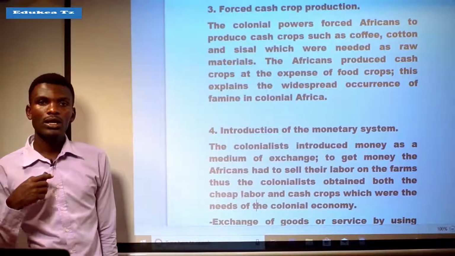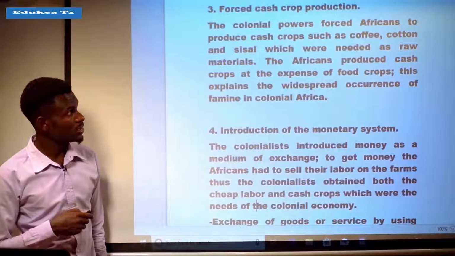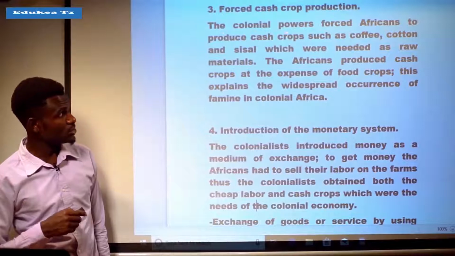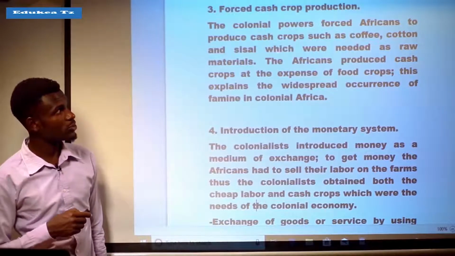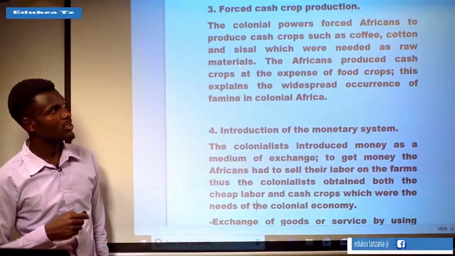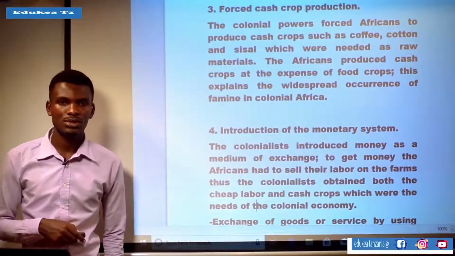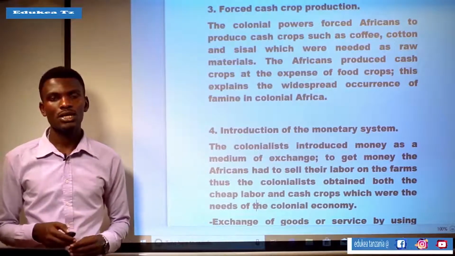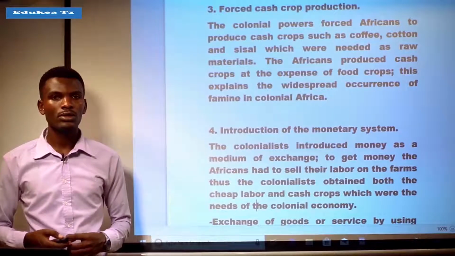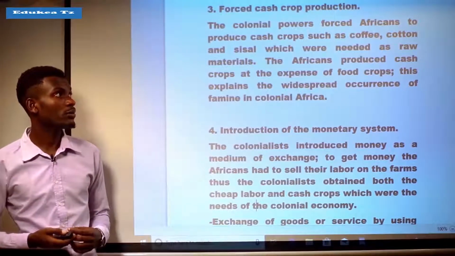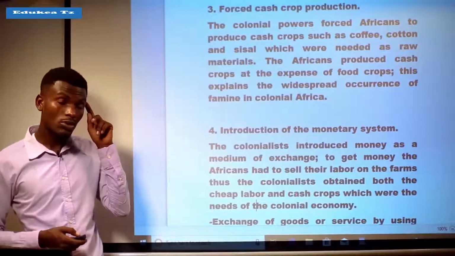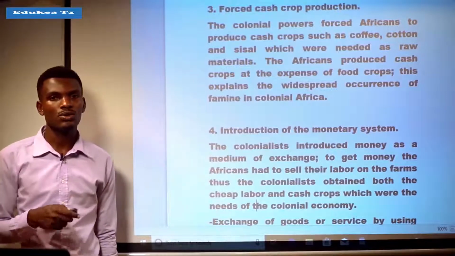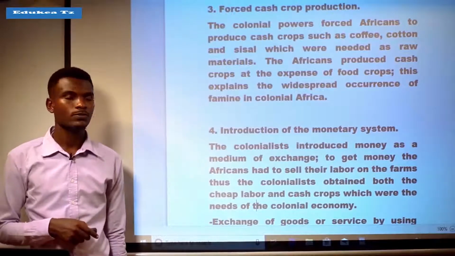The colonial powers forced the Africans to produce cash crops such as coffee, cotton, and sisal, which were needed as raw materials in the European industries, and other agricultural products needed in the metropole.